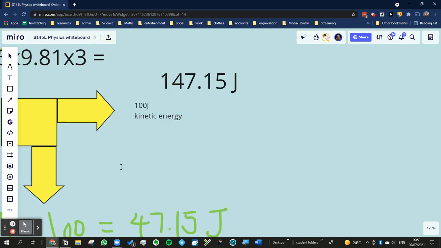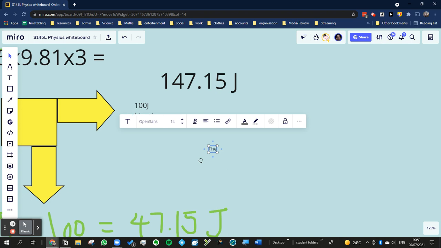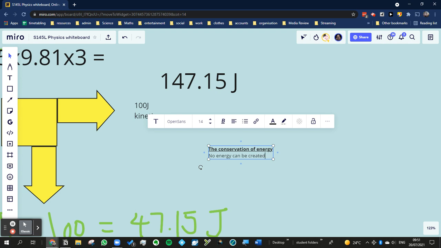Hang on a second. So the conservation of energy. What is the conservation of energy? It is that no energy can be created or destroyed, it can only be transferred from one form to another.